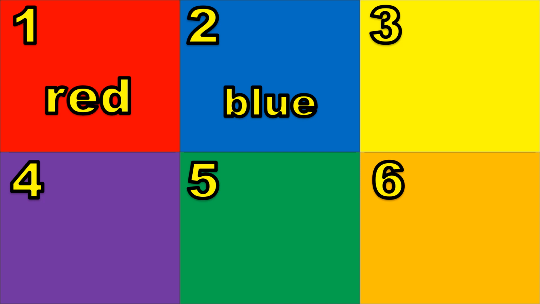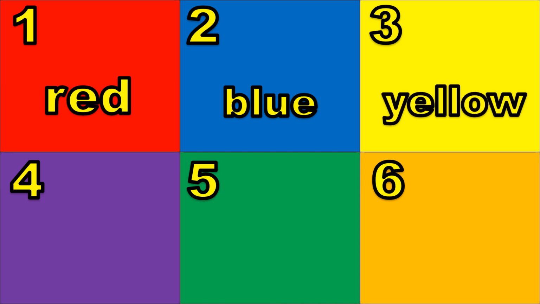Now, look at color number 3. Color number 3 is what we call yellow. So, red, blue, and yellow is what we call primary colors.